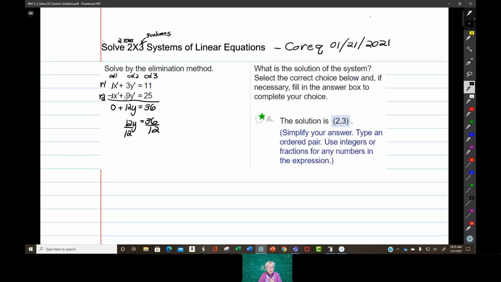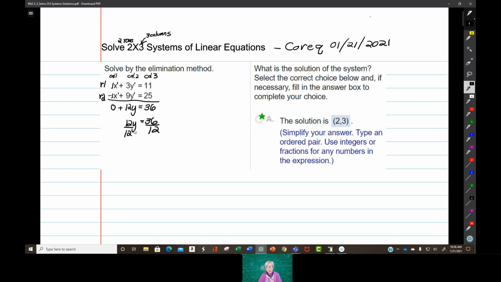Meanwhile, 3y plus 9y is 12y. And 11 plus 25 is 36.